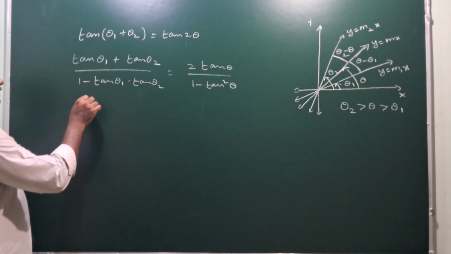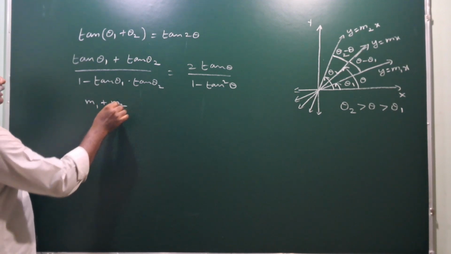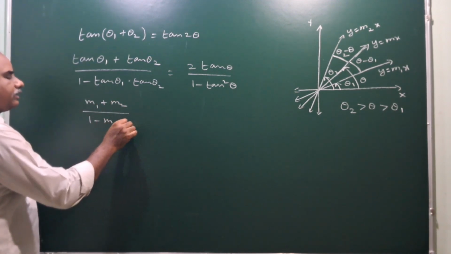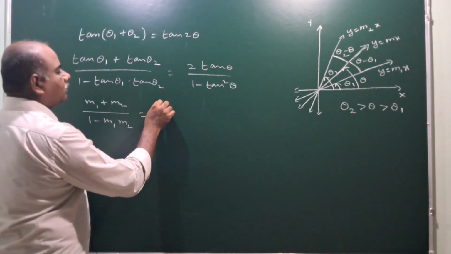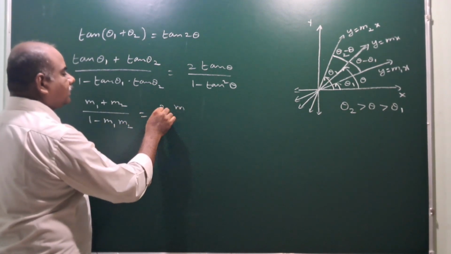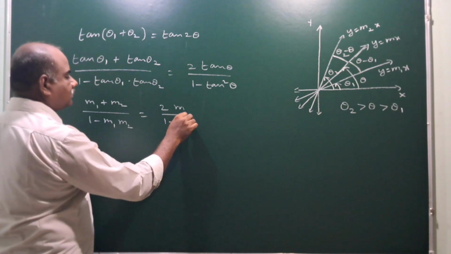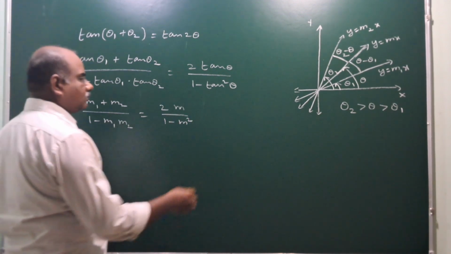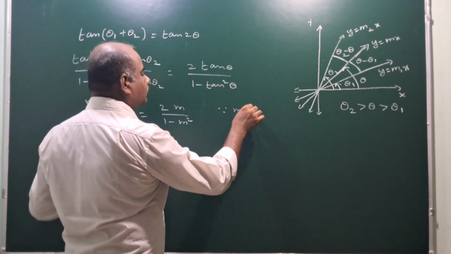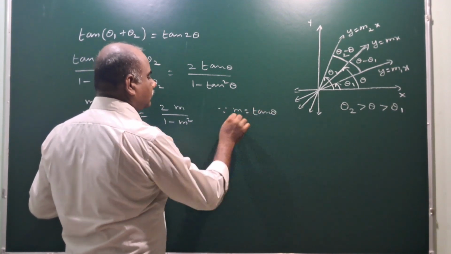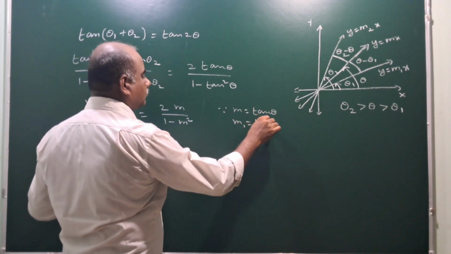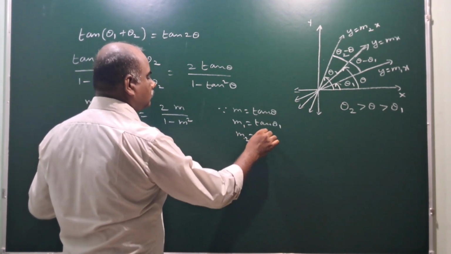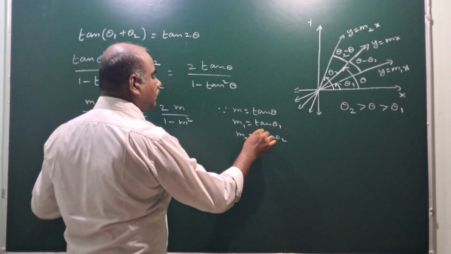Okay, now we have to substitute the values. Tan theta 1 is nothing but m1, tan theta 2 is m2, so m1 plus m2 by 1 minus m1 m2 is equal to 2 into tan theta, that means m, by 1 minus tan square theta, that means m square. Since we know that m is equal to tan theta, m1 is tan theta 1, m2 is tan theta 2.